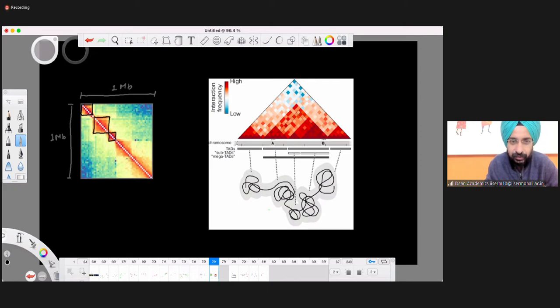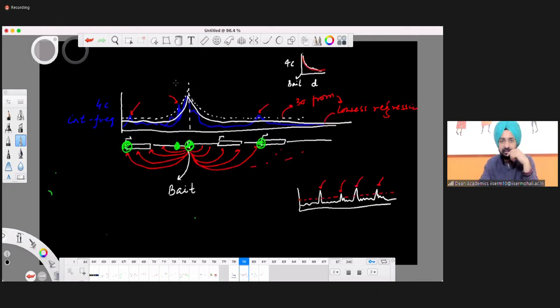What does it tell you? It tells you it's the same thing that we learned in the 4C, where I said there are very high interactions at the proximal regions, right?